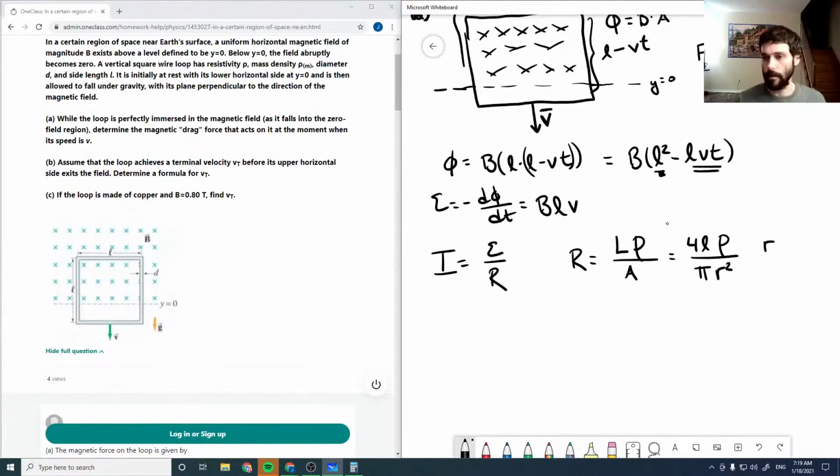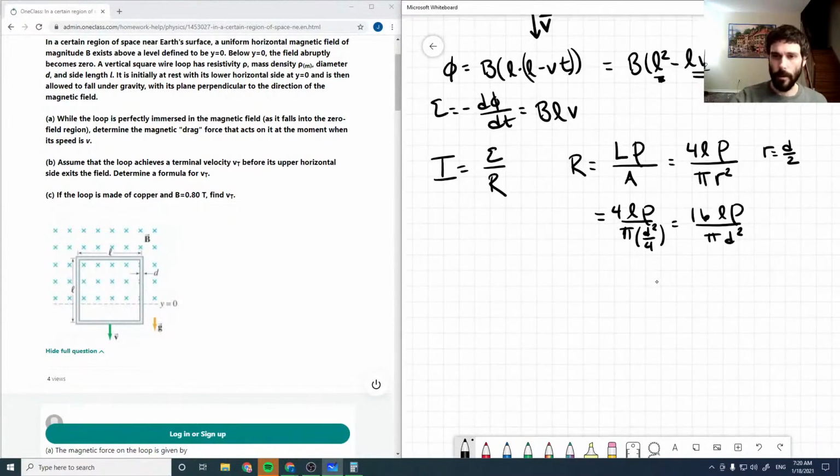Our radius is the diameter d over 2, so it'll be 4L rho over pi d squared over 4, which is just 16L rho over pi d squared. And these are in terms of constants that were given in the question.